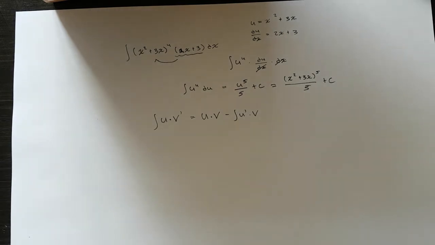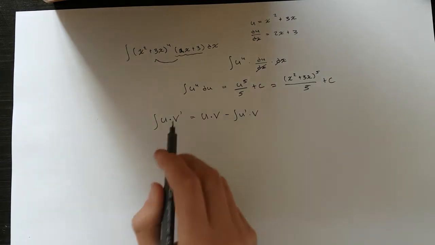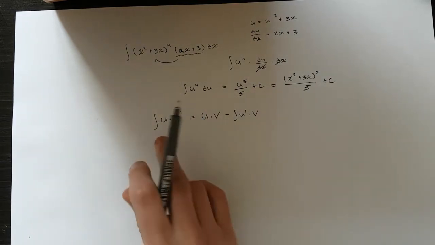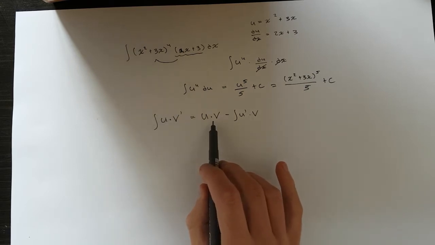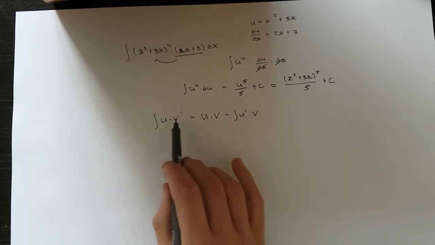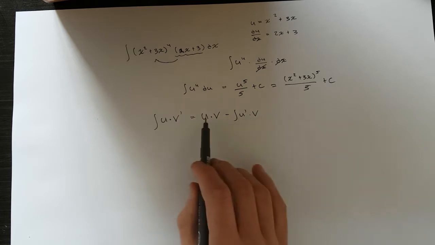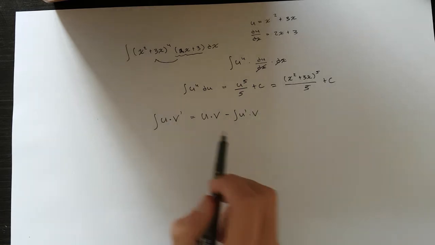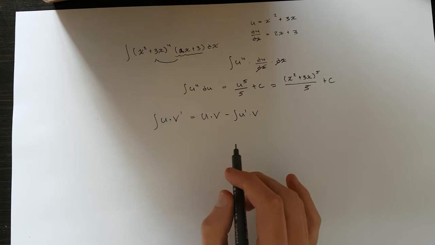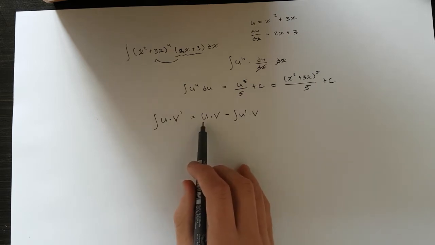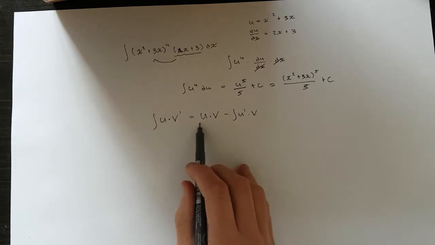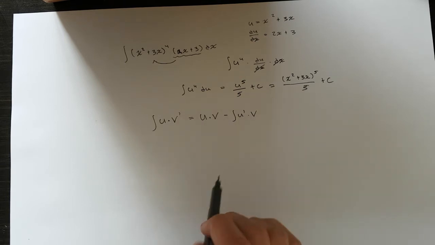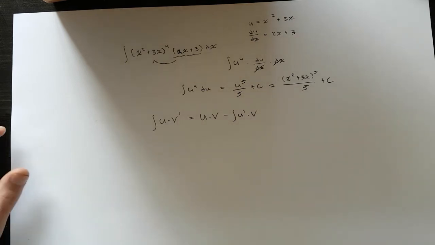When I see this equation, I see two terms. In the first, I take the integral of v dash, and the first term is just u times that; in the second, we take the derivative of u. And you have to choose u and v according to what's easiest.